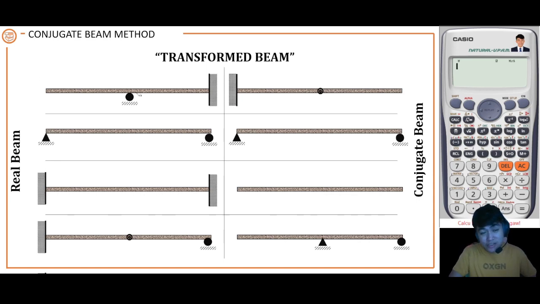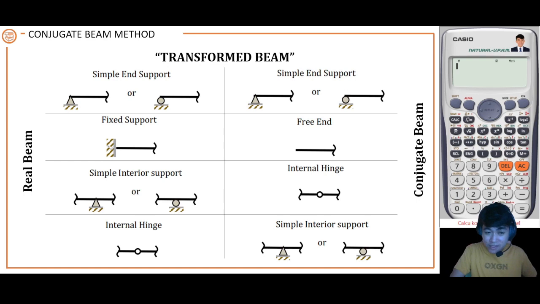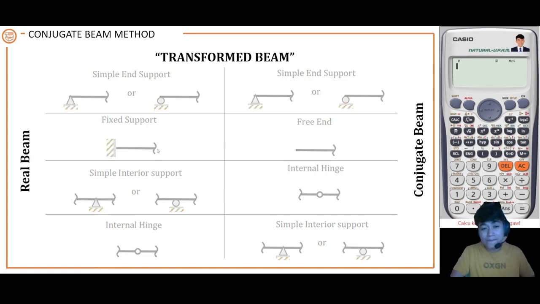If you have a roller support anywhere in the midspan, that will be an internal pin. Now if you have a fixed support, that will be a free end. So again, let's just recall: if that is a fixed end, it will be a free end. If that is a free end, it will be a fixed end. So, vice versa lang sila.